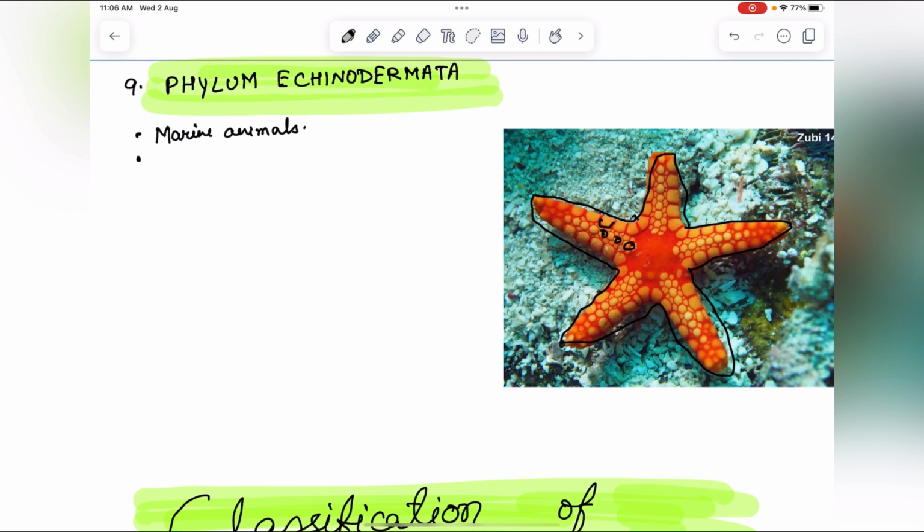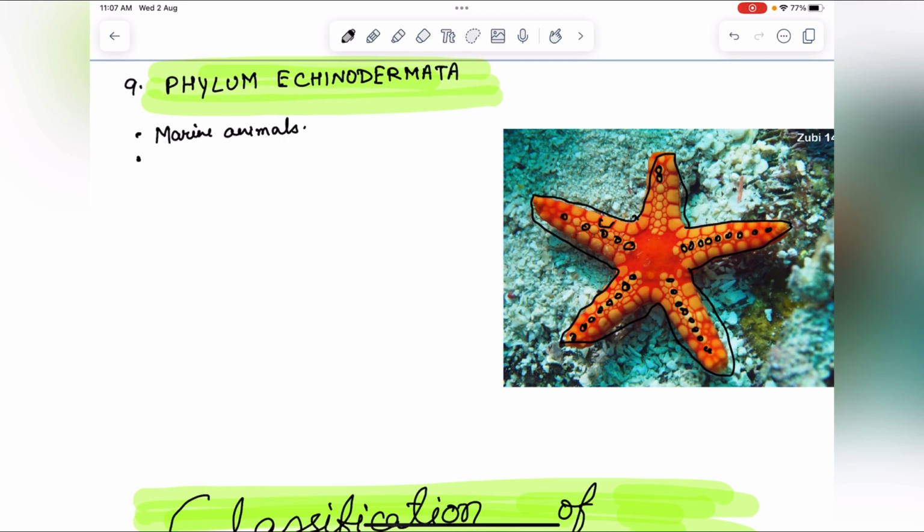This is the spiny exoskeleton. Exoskeleton means the skeleton is outside the body. In humans, the skeleton is endoskeleton, means the bone skeleton is inside our body and muscles are outside. But exoskeleton means the skeleton is covering outside the body.